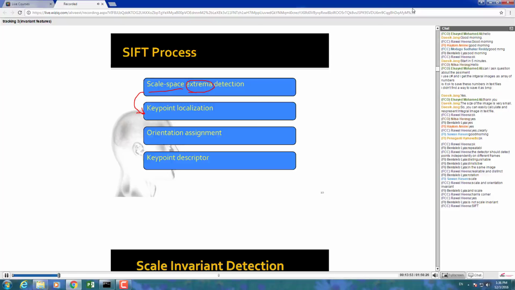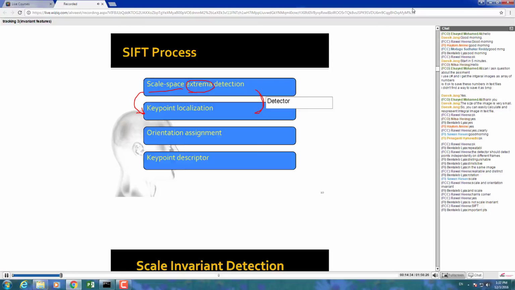Keywords like key point and extrema are all technical keywords. The key point means the point of the feature, the important features. The point means the location. So it is about detecting the feature, related to the detector. These two steps are related to the detector.